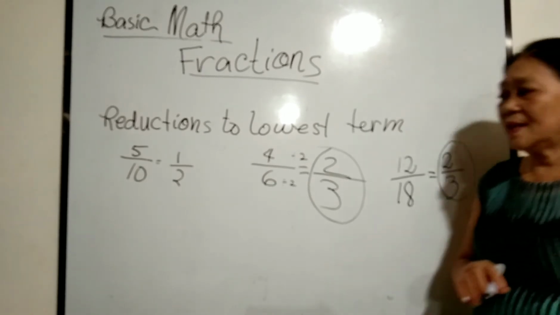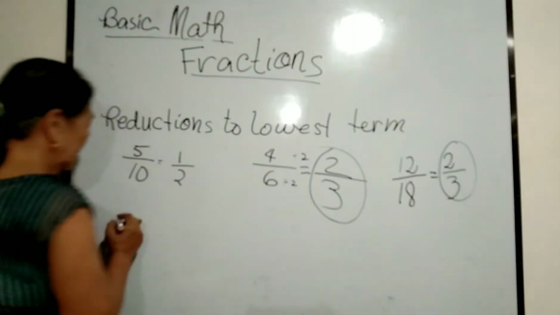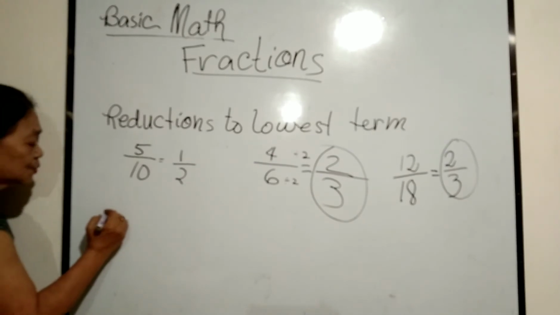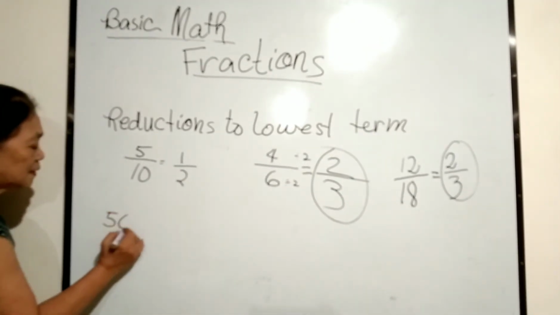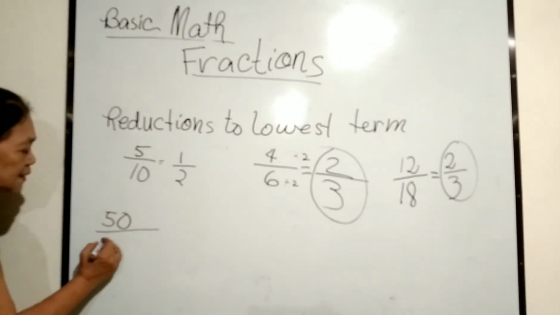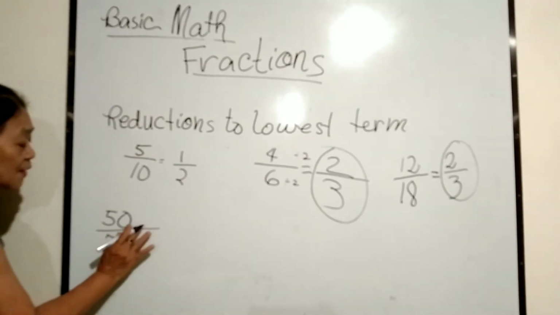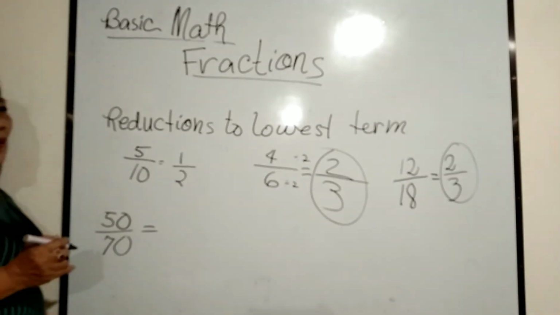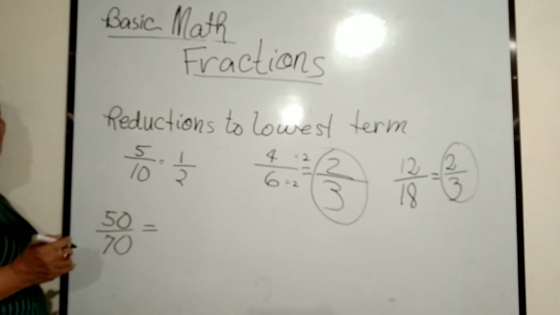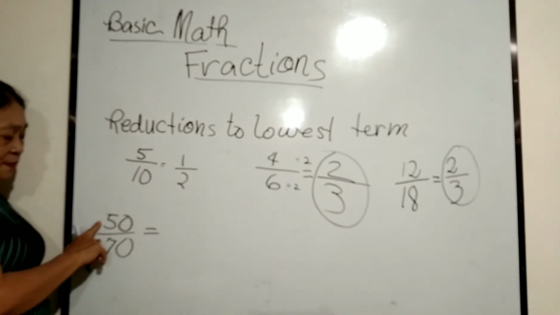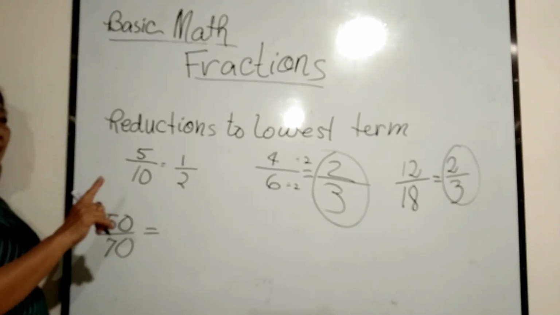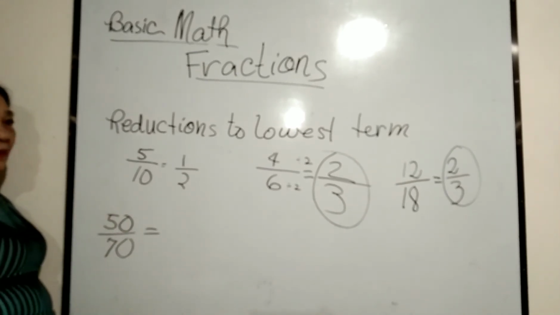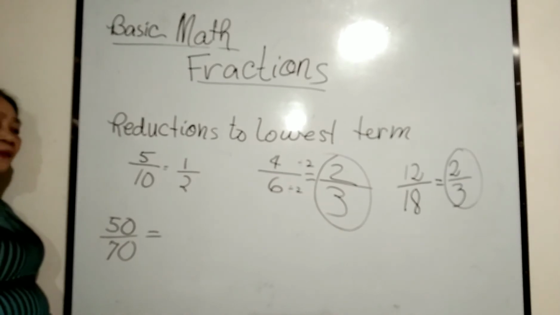Okay? Another example. 50 over 70. Okay. What do you think is the greatest common factor that the numerator will be divided by, and 70 can be divided by that number?